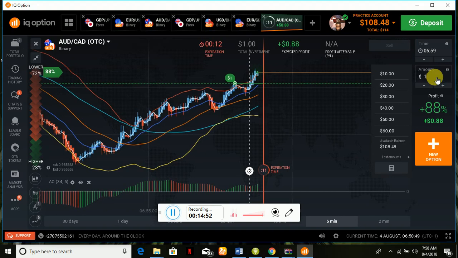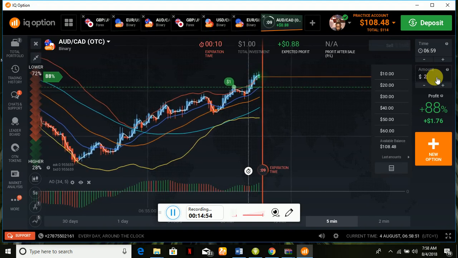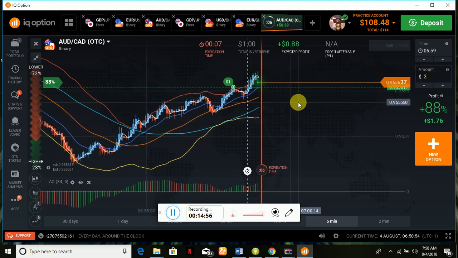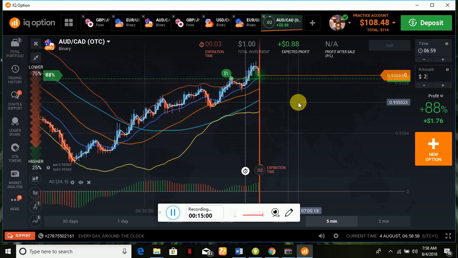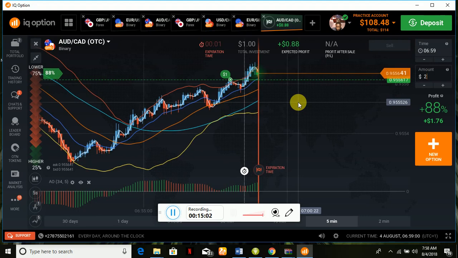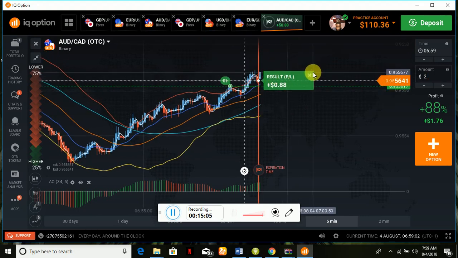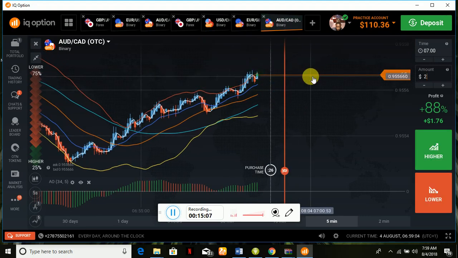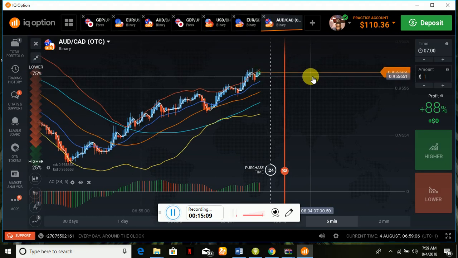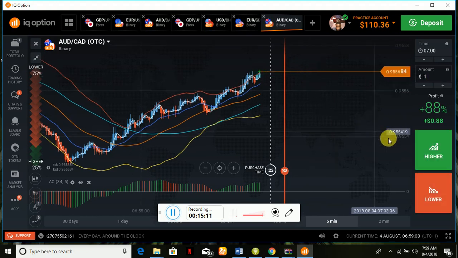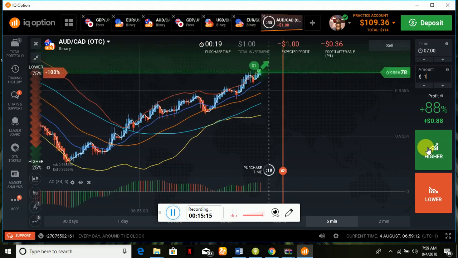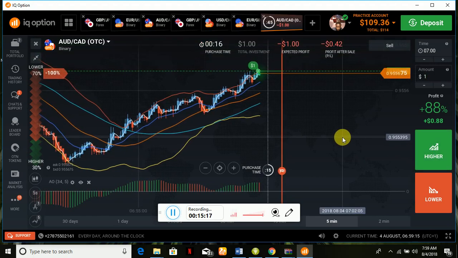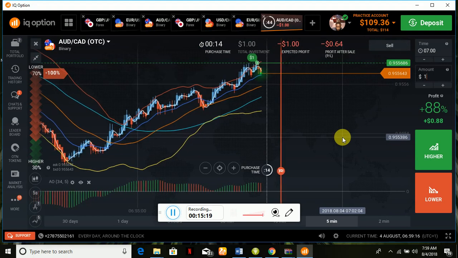You must always change this number here, make it 2, depending on which strike you are on, whether it's your first strike, second strike, or third strike. But you must always change that to be 2 in case you lose, so that you won't have to rush into changing that. You might end up making a mistake trying to put 2 and then you'll find that it's 12. Here's another buying opportunity. We are buying again.